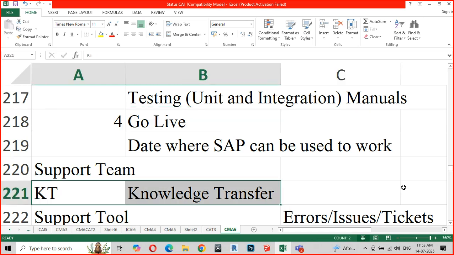So we as senior consultants deliver whatever we have done in the SAP system to our support consultants. This activity is called knowledge transfer.